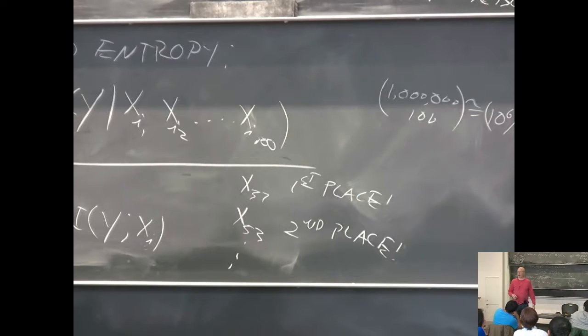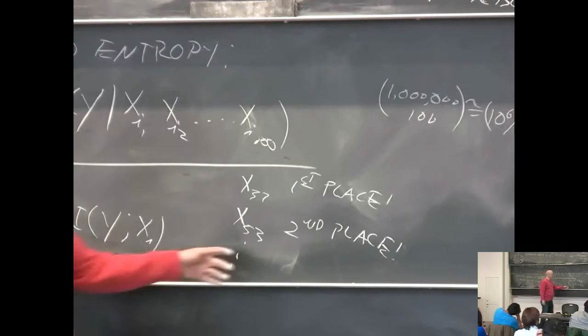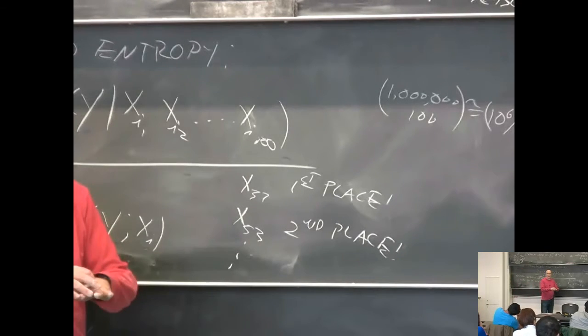I think you need to run the whole thing again on the remaining 900. Why? Why not just choose the top 100? Those top 100 may all share the same mutual information. Right, they may overlap. Like x37 and x53 might be very, very similar to one another.